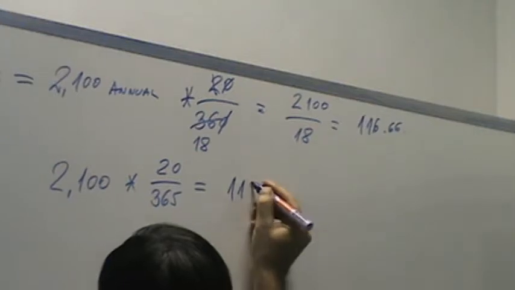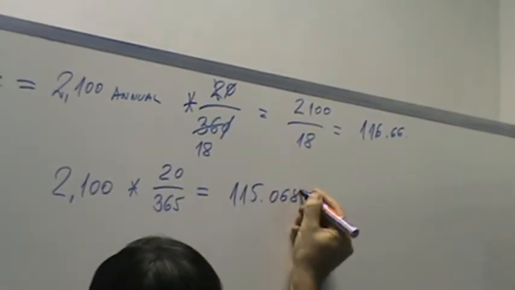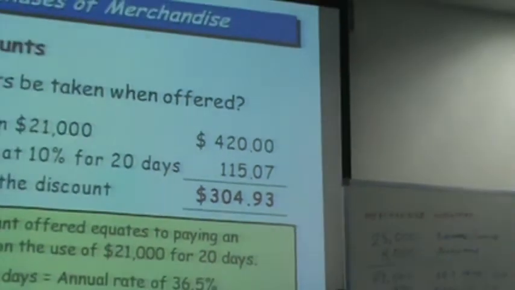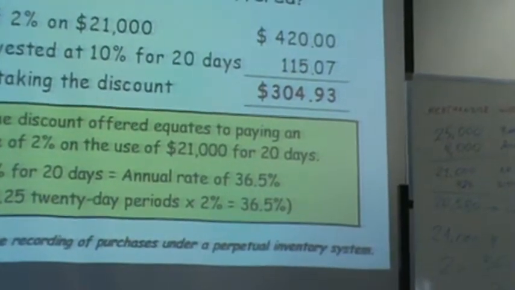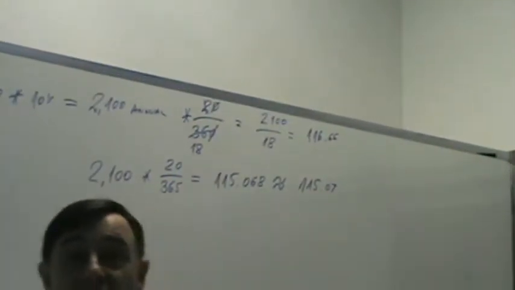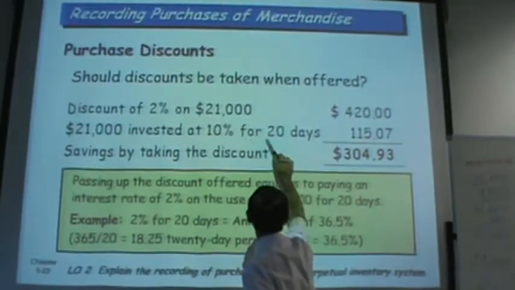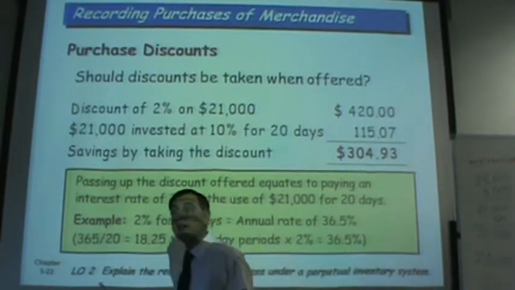Yeah. 115.068, which is rounded to 115.07. So you divide by 365 is 115.07. So now camera back. 21,000 at 10% for 20 days is 115.07. It's the same amount.